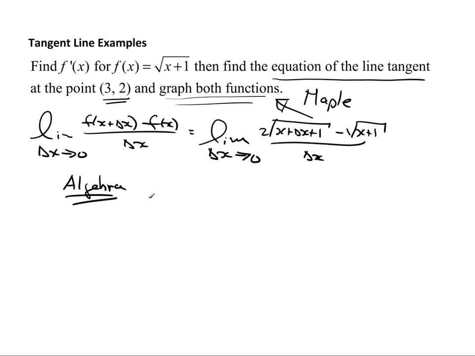And I'm going to rewrite this as the square root of x plus delta x plus 1 minus the square root of x plus 1, all over delta x.